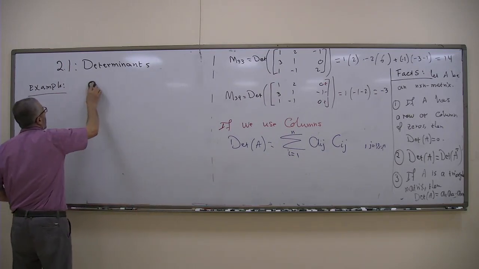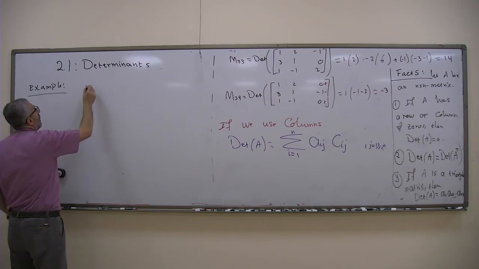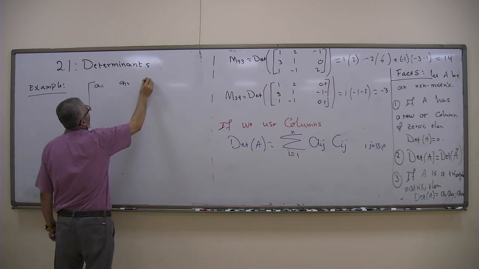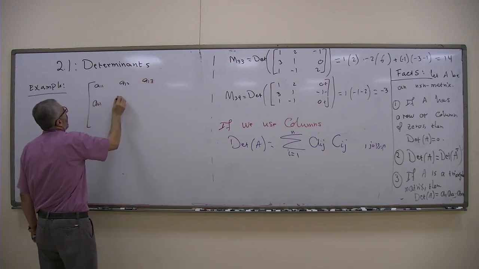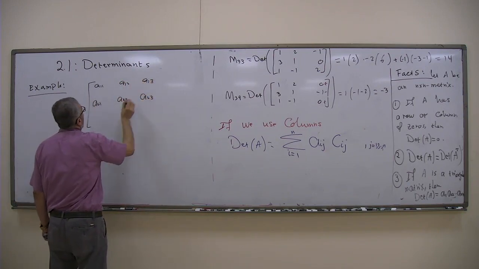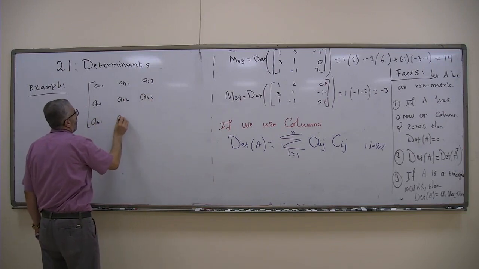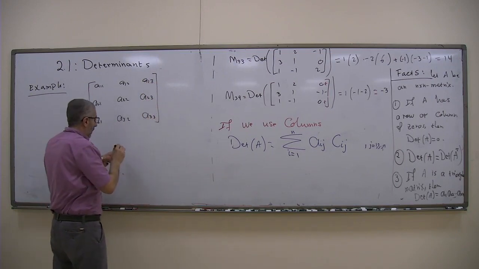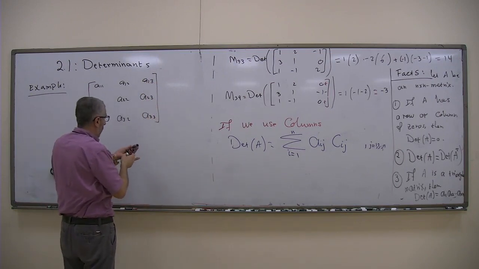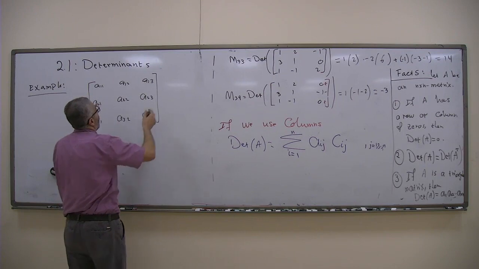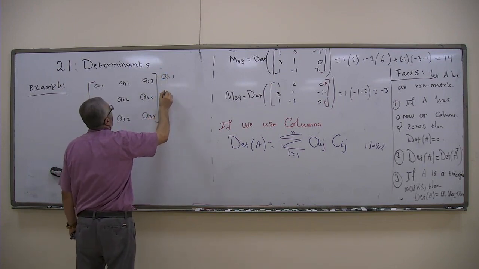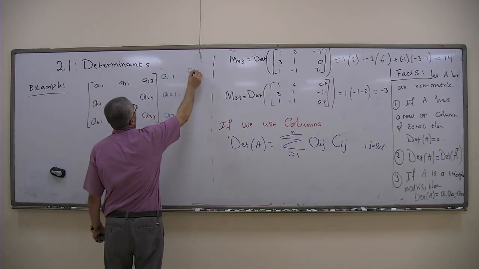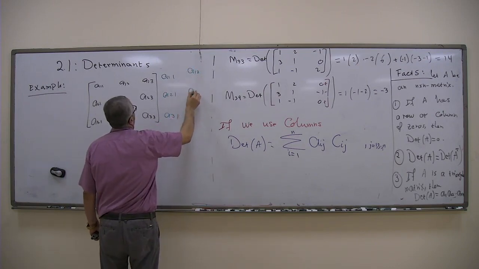If your matrix is A11, A12, A13, A21, A22, A23, A31, A32, A33, what you do here, you write the first column again here, the second column again here.